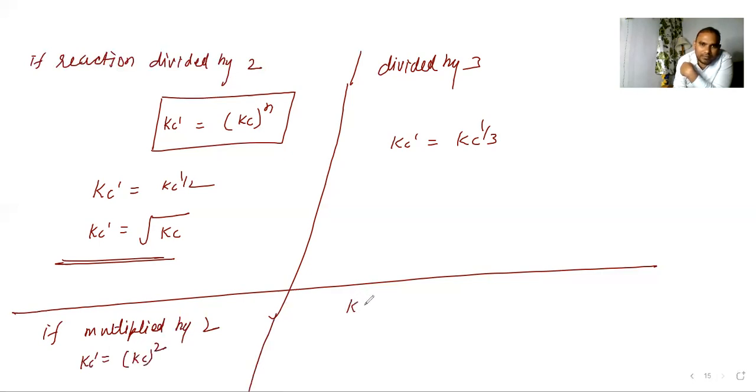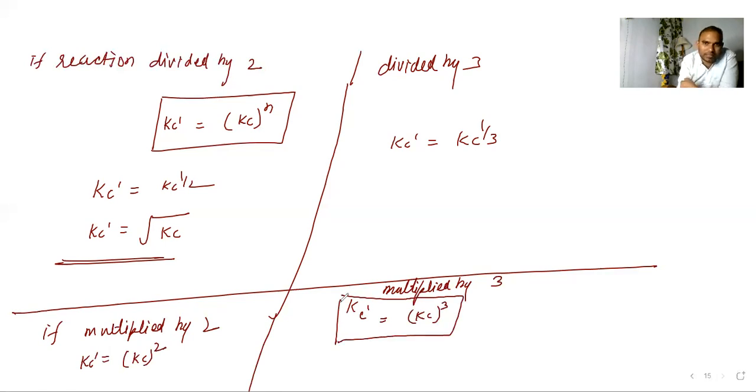If you are multiplying by n, or any value, suppose 3, then Kc dash is equal to Kc power 3. Is it correct? Good. So make a note of it, and we can go on to give another problem on it.